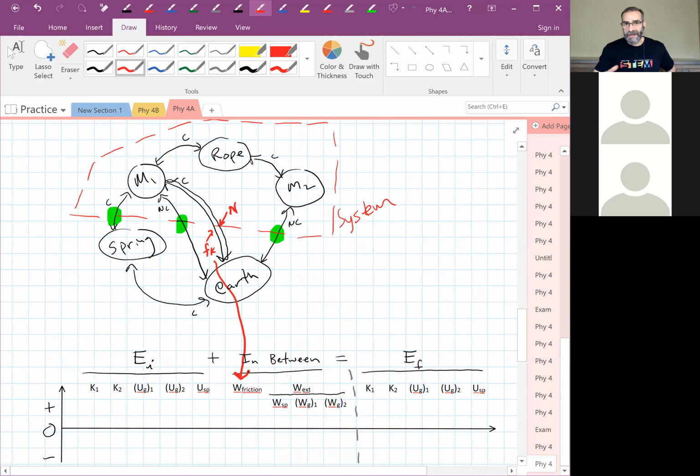Friction, it doesn't really matter whether it's internal or external. I always account for it by itself. So I have three forces that are reaching into my system now that I have to account for. So I've changed my energy bar chart a little bit to include three external forces, whereas before we didn't have any.